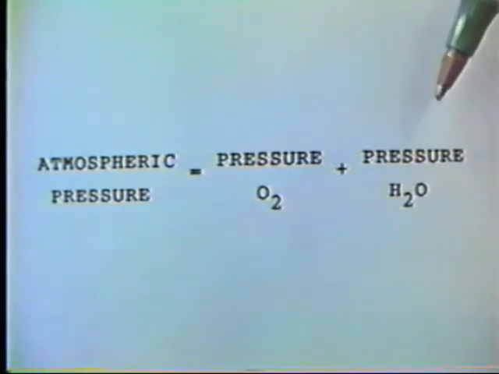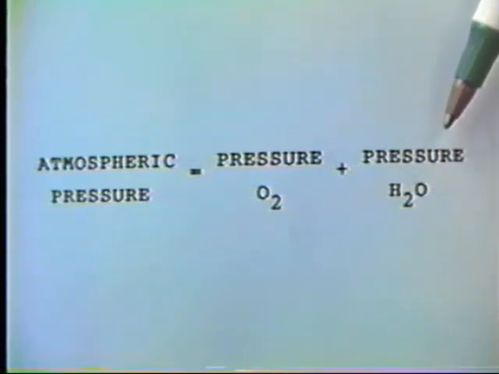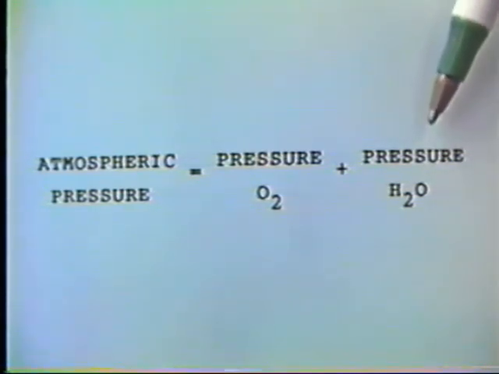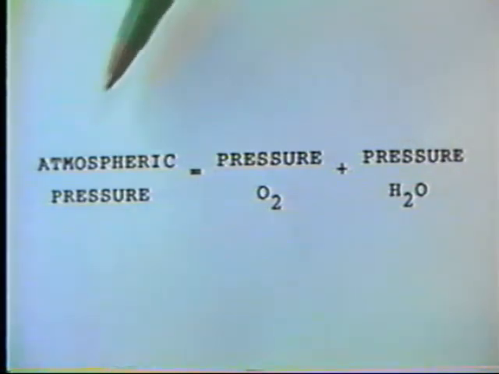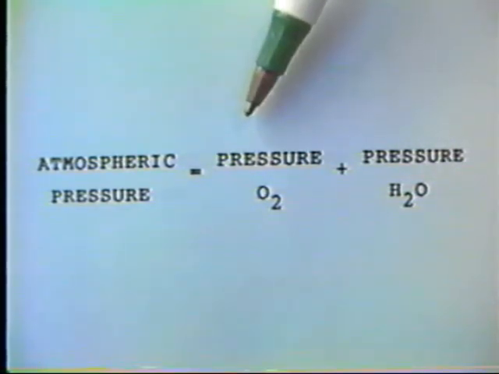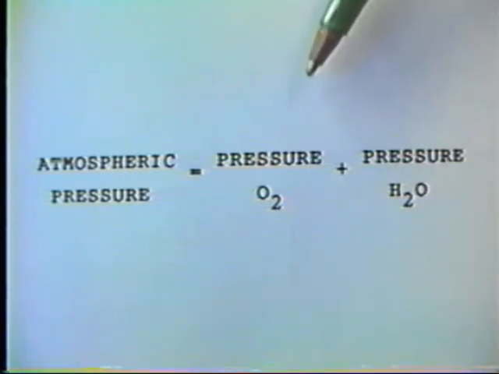The water vapor in the flask at that time was probably at the vapor pressure of water at the temperature of the water, and so we will have to subtract that. We'll look that up in a handbook and subtract that from the atmospheric pressure to give you the pressure of the oxygen, which you'll then use in this ideal gas equation that we just had a second ago.